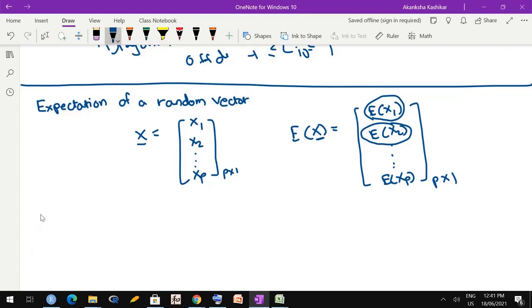Similarly, if I want to define expectation of a random matrix, we go in exactly similar fashion. So expectation of a random matrix. By the way, when would we have a random matrix?